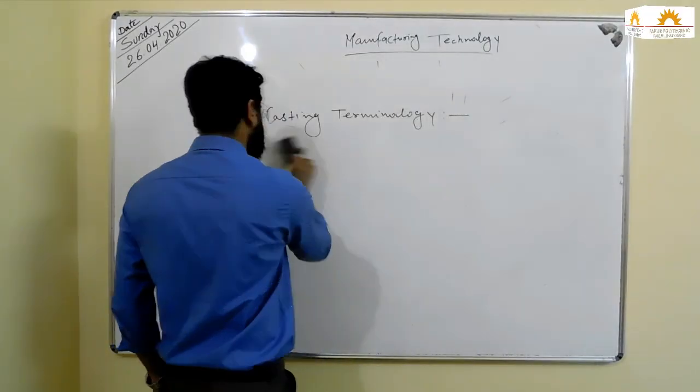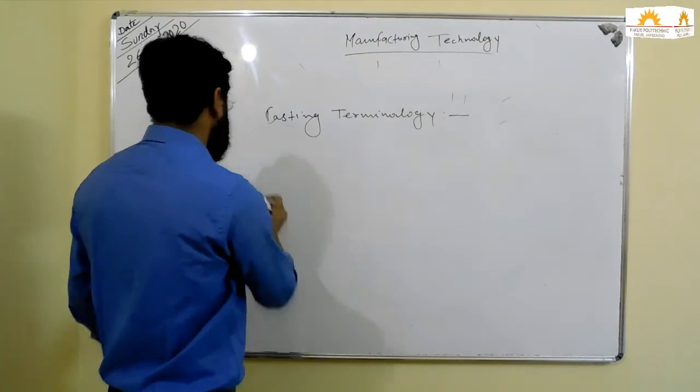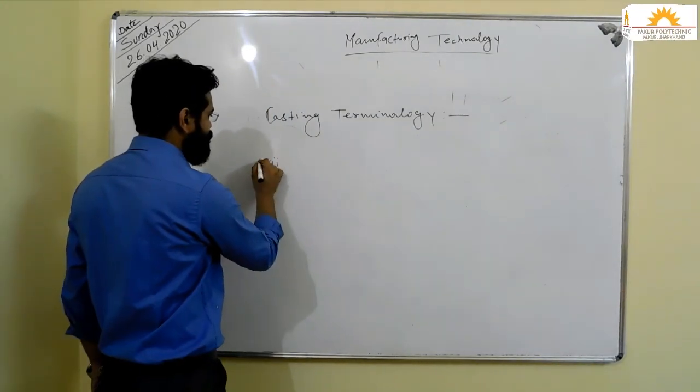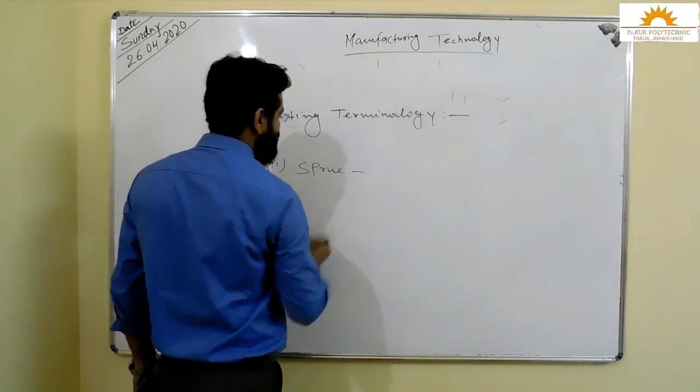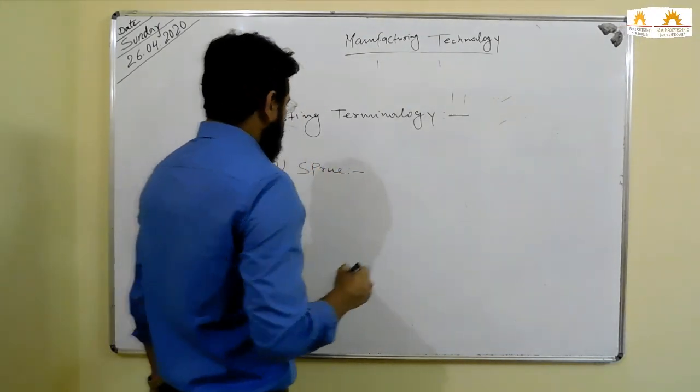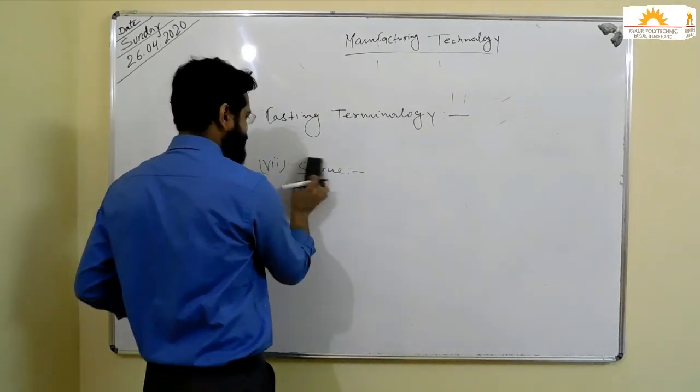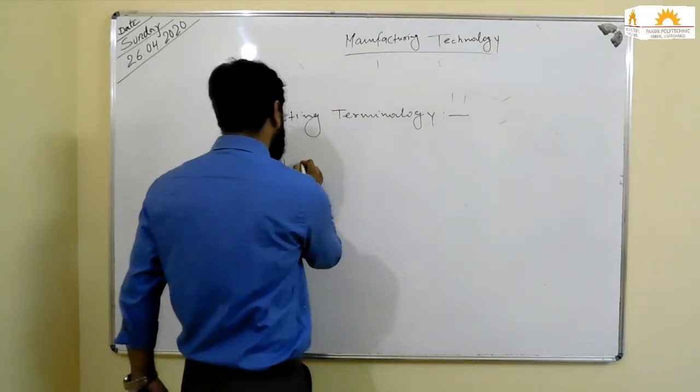Next one is sprue, the seventh point. Next one is pouring basin.